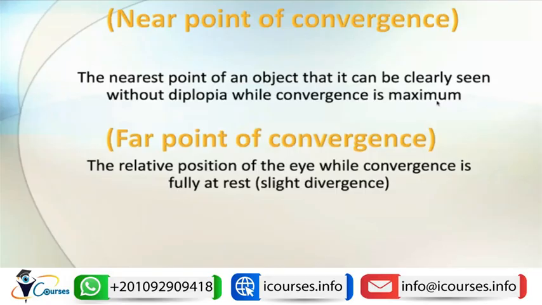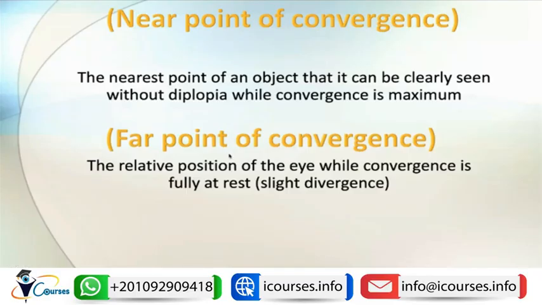Theoretically, when you are placing a target away from the eye, the eyes should show slight divergence or slight deviation. So the far point of convergence is the point at which the eye is completely at rest.